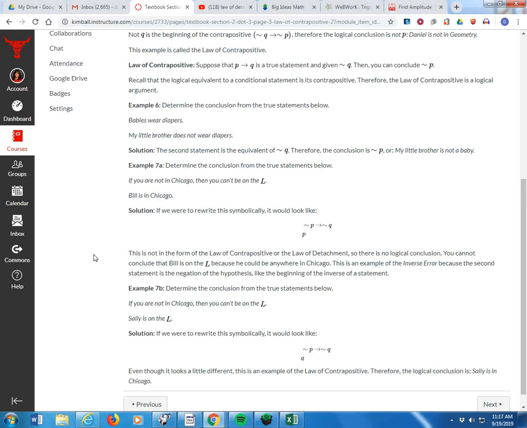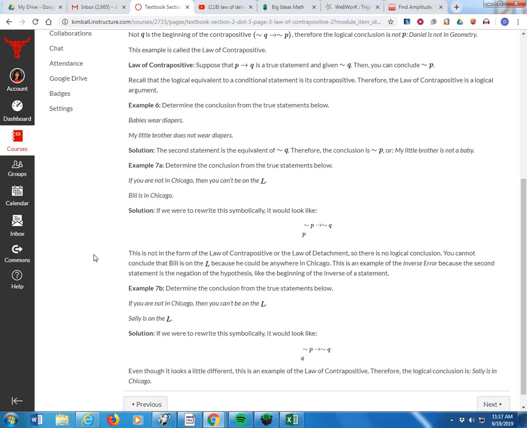Determine the conclusion from this statement. If you are not in Chicago, then you can't be on the L. The L is just their subway. Then they tell you Bill is in Chicago. What did they give us? Did they give us not P or not Q?